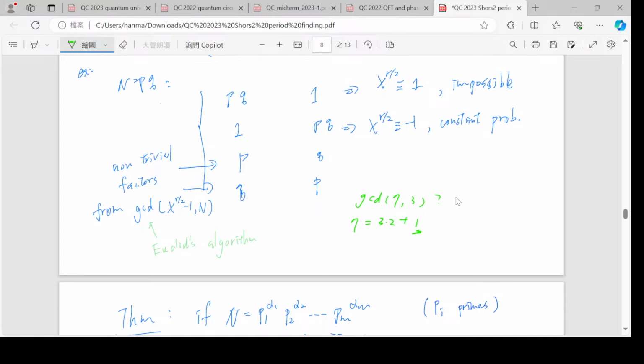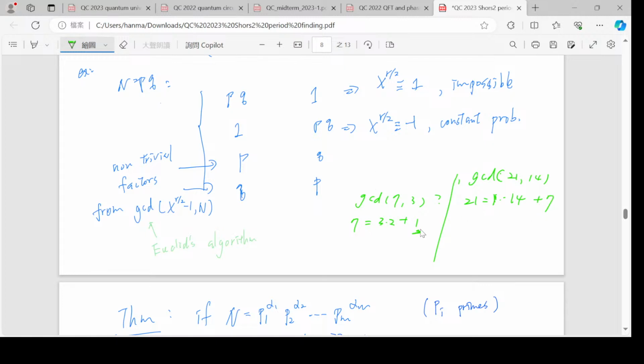Let's get a harder example. Let's have GCD of 21 and 14. So 21 is 1 times 14 plus 7.